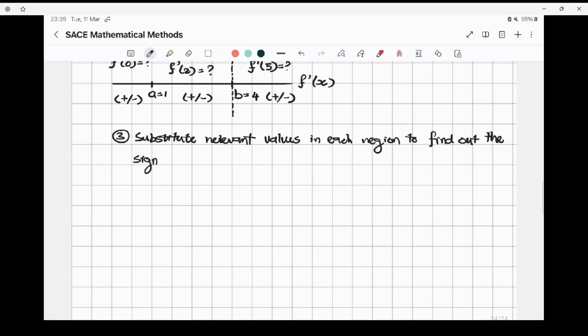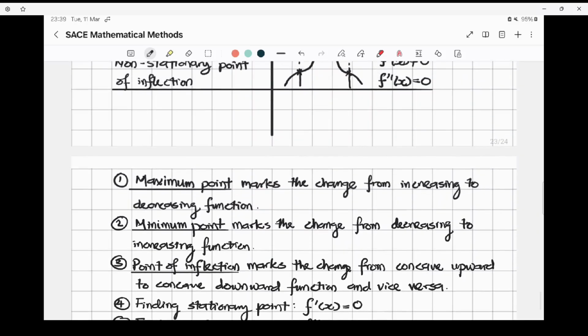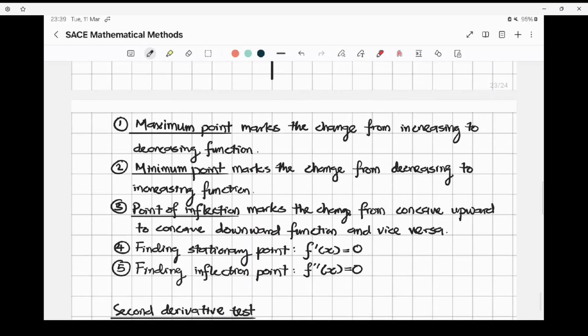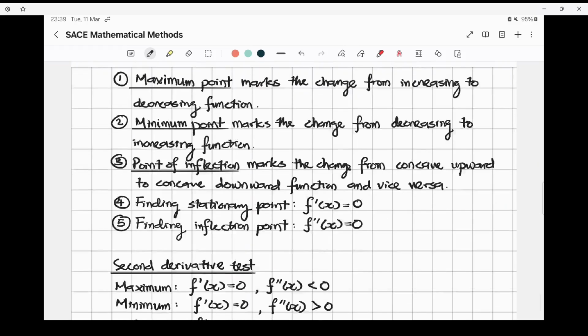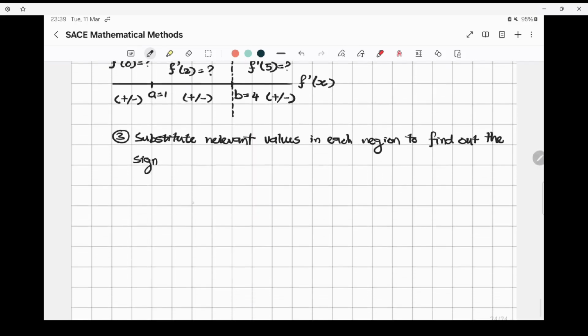So now let's go back to the properties. Just now I mentioned that maximum point marks the change from increasing to decreasing function. So if you have this particular sign diagram, positive, negative.